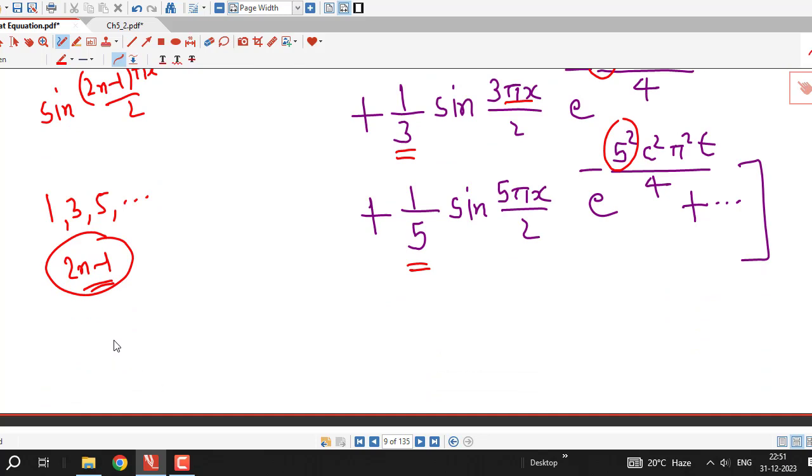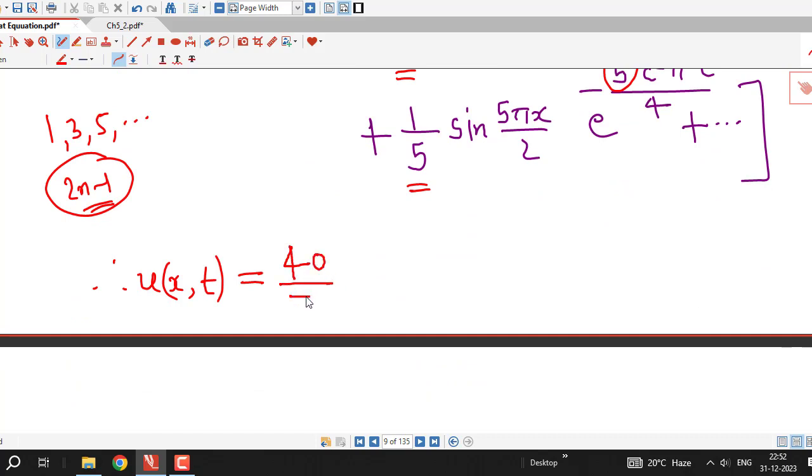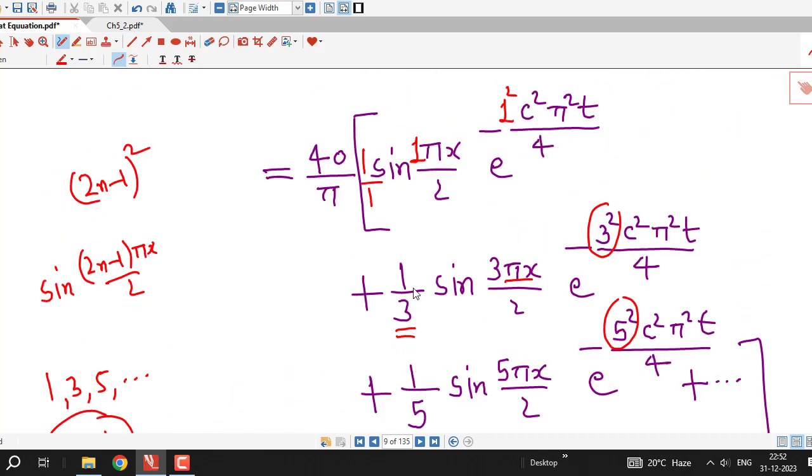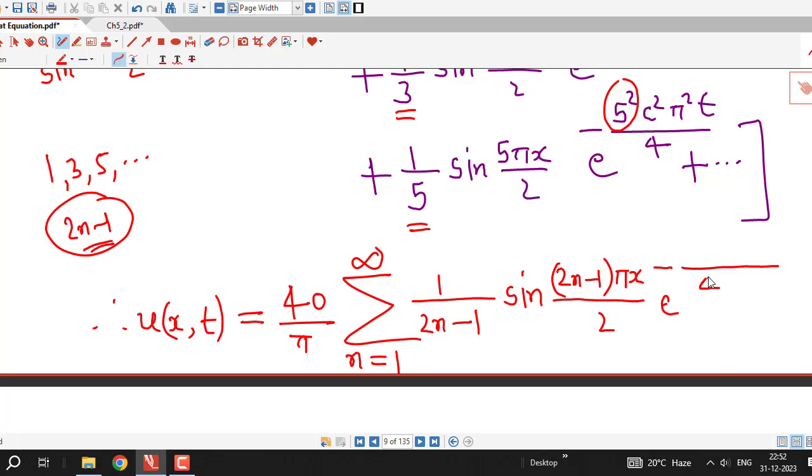So in sigma notation our expression for temperature is uxt equal to 40 divided by pi sigma n equal to 1 to infinity, and first I have to write 1 divided by 2n minus 1, sine of pi x by 2 into 2n minus 1, that is sine 2n minus 1 pi x divided by 2, and e to the power minus, here I have to write this quantity as it is, c square pi square t divided by 4 into square of 2n minus 1, that is c square pi square t divided by 4.